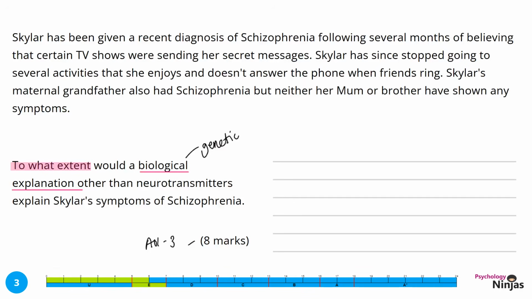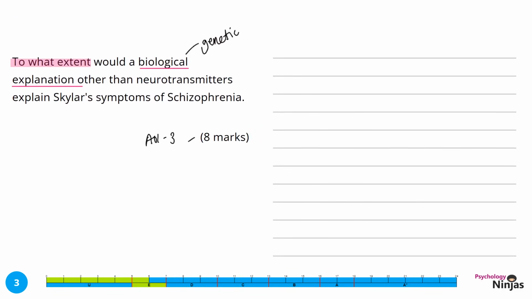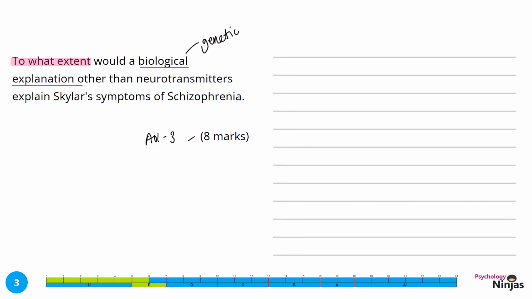Normally that would mean that there was 5 marks available for explanation. However, this has a STEM, and so we're only going to have 3 marks for evaluation and 2 marks for our knowledge linked into Skylar's symptoms. So we need to be aware here that we need to do some application into Skylar and the information we've been given in the STEM.